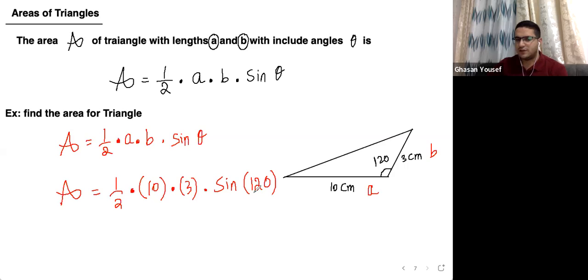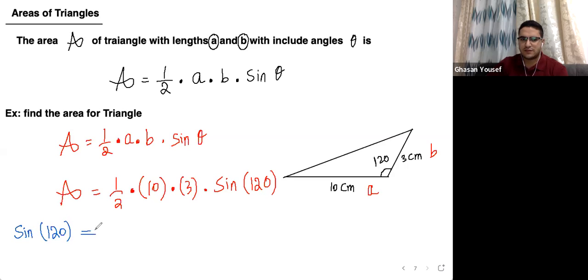So I have one thing here to fix, the sine of 120. First of all, 120 is in which quadrant? We have to find the value of sine 120. My goal now is to find the sine of 120. How can I find it?